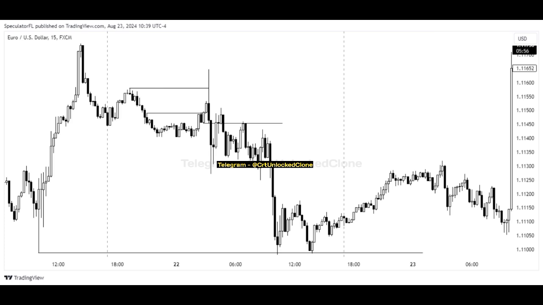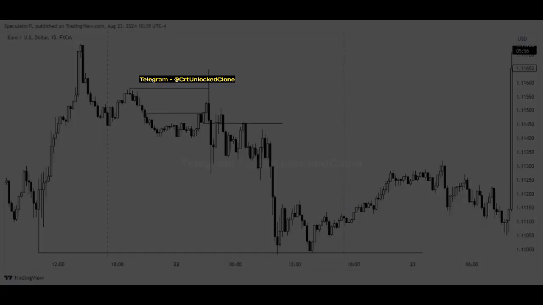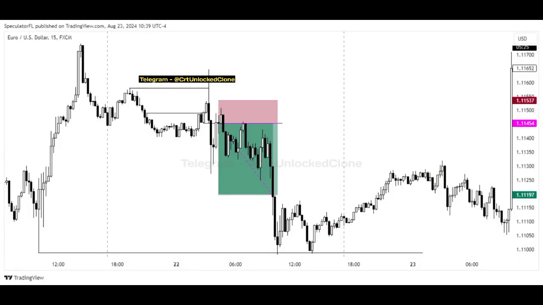And then price closed below these two candles and expanded lower. After that, I waited for price to retrace to these order blocks, which confirmed the model 1 entry there, right? And then I took my entry at the order block's open with my stop loss above the order block, and I put my target and take profit level at the CRT's low. That was my trade entry, right?